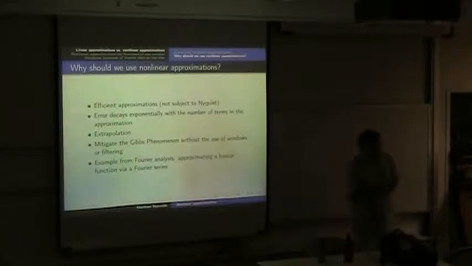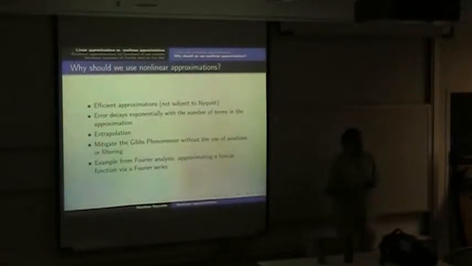If you have a function that has, let's just say, a singularity, something like a step function, and you approximate it with a Fourier series, if you truncate the Fourier series too soon, you start seeing oscillations near that edge. And the problem is that you typically need a lot of coefficients in order to approximate while squishing down these oscillations.